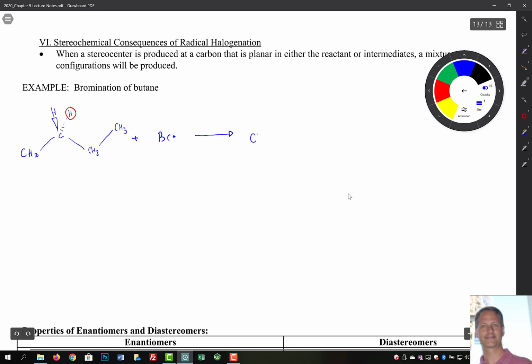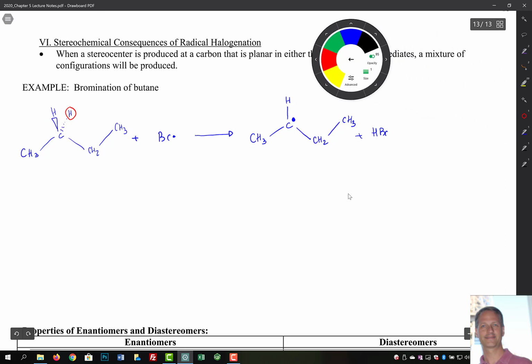So that's going to give us CH3 carbon, and now our H is going to be in plane, and a CH2 and another CH3 plus HBr, and that's going to be a radical. So let's talk about the structure of this just a little bit.